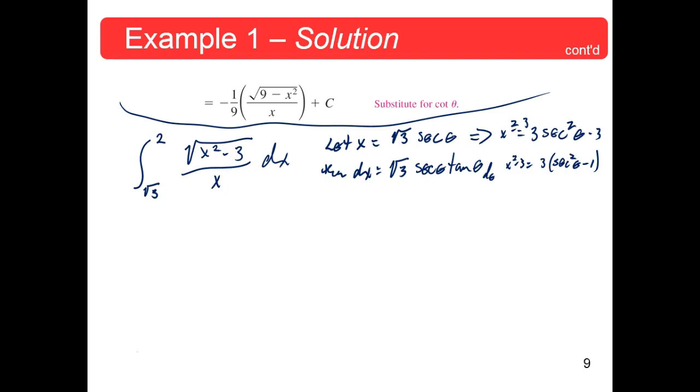You got tangent squared is equal to secant squared minus 1. Right? So this will be 3 times tangent squared theta. Now, we have that under a radical, so the square root of x squared minus 3 will be the square root of 3 times tangent theta. Right?